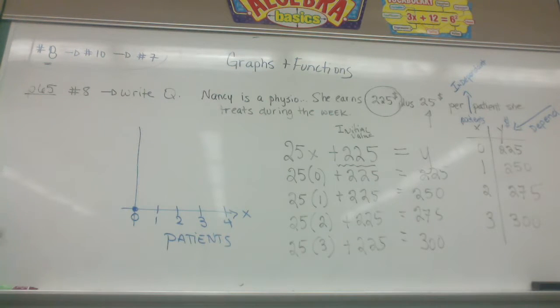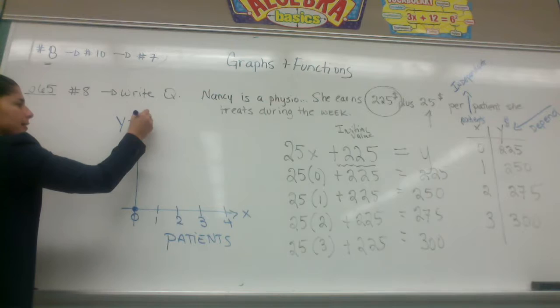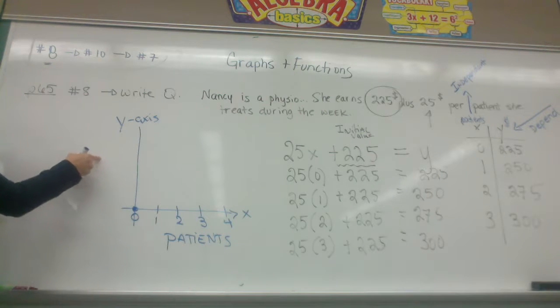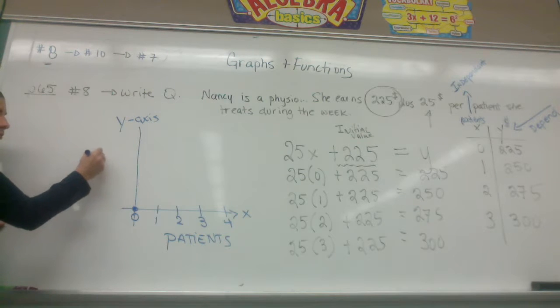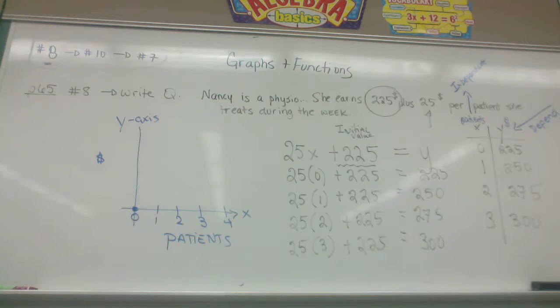On the y-axis, right here on the y-axis, we will have this. What will we label this? Money. Yes? The amount of money that she earns, Nancy. Now, we are looking at 0 being $225.